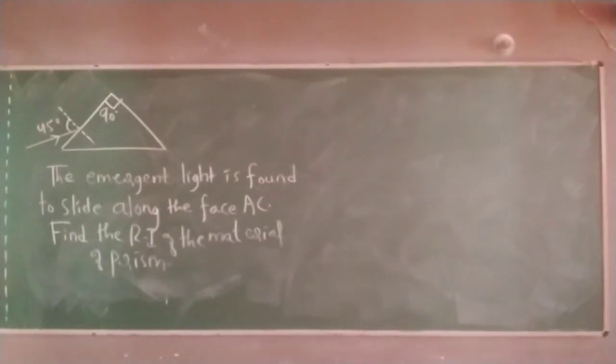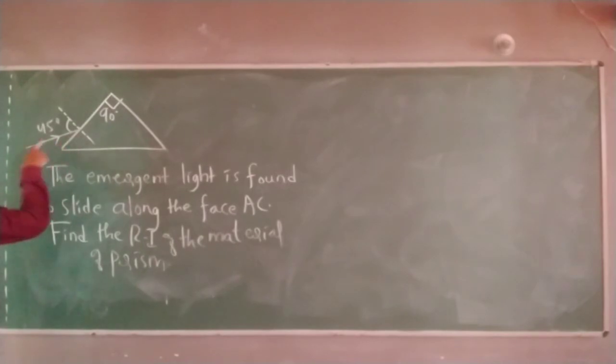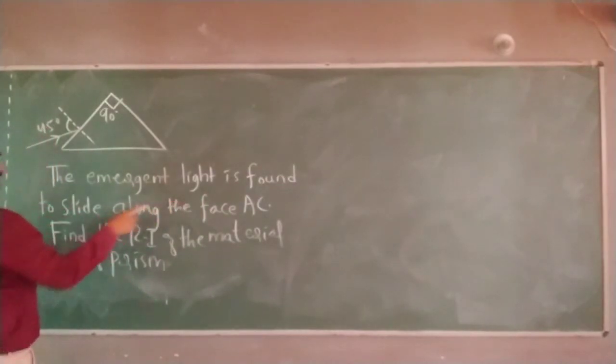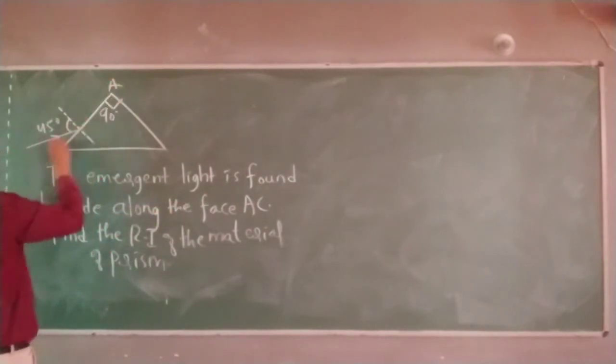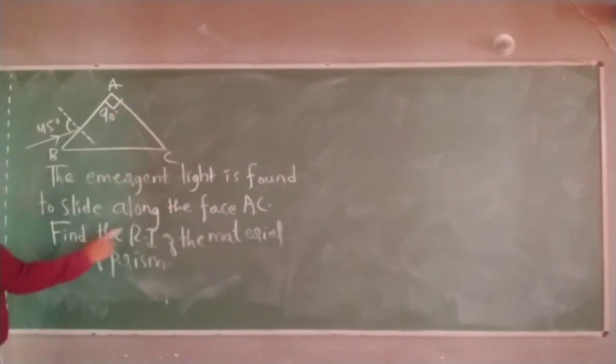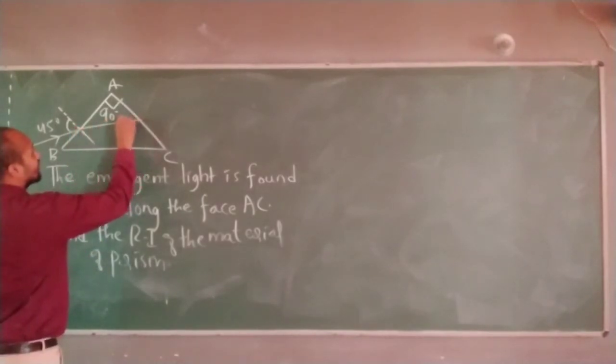See here, one right angle prism is there where the angle of prism is 90 degree. One light is incident at 45 degree. The emergent light is found to slide along the face AC. If I take this as A, B and C, now you can understand what he is telling. Find the refractive index of the material of the prism. See here, it passes like this.